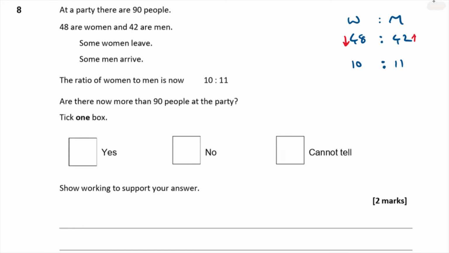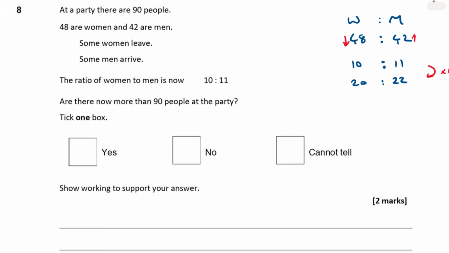Okay. Now, can I make a kind of equivalent ratio out of 10 to 11 that accommodates that situation up there? Okay, now let's just think of all the multiples of the ratio 10 to 11, or the equivalent ratios. So if I multiplied both parts by 2, for instance, the ratio would be 20 to 22.